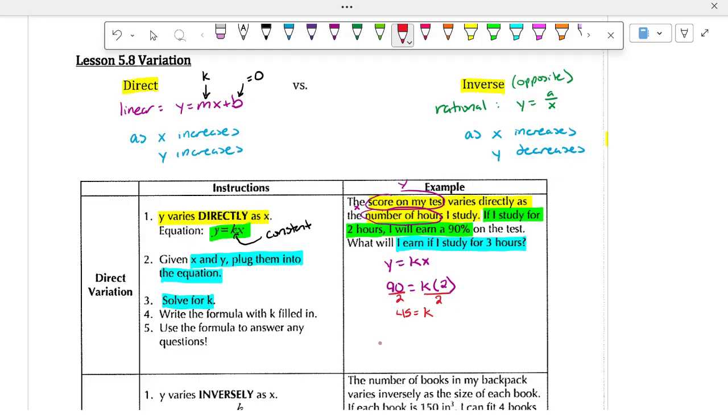So if I plug it back in, that means y is equal to 45x. So now I'm going to use this formula to solve the blue question. So I'm going to plug in the 3 in for x. So y is equal to 45 times 3. So y is equal 135%. So clearly this teacher was offering some serious extra credit.